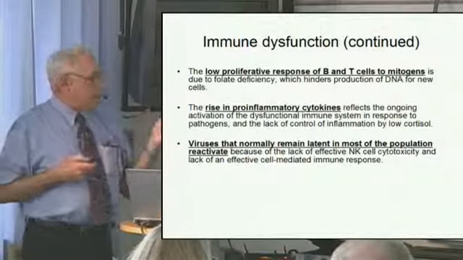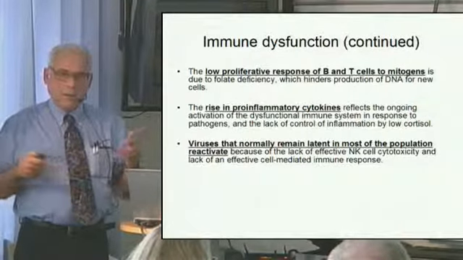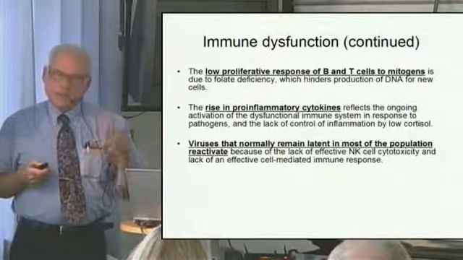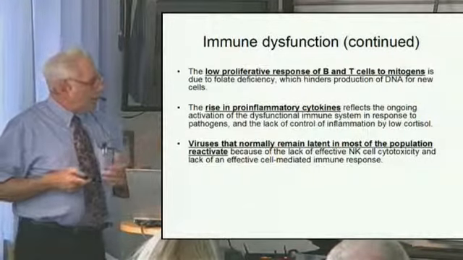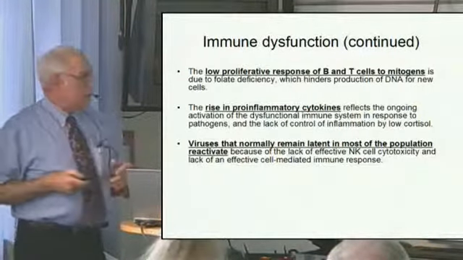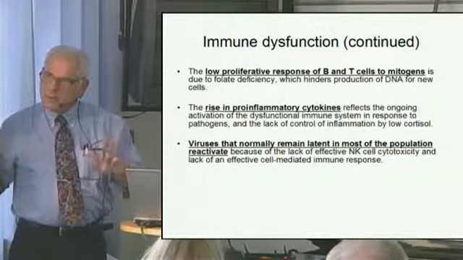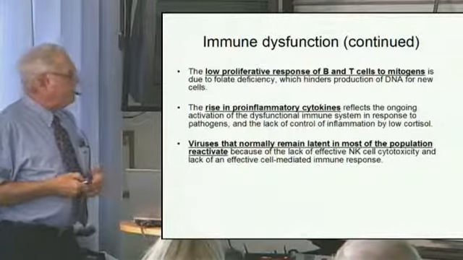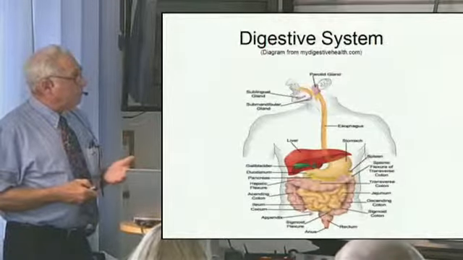But in this situation, because the immune system is dysfunctional, those things reactivate. And you see Epstein-Barr virus, you see the herpes simplex 1, you see the HHV6, you see the cytomegalovirus, you see all these guys that usually are quiet and latent, they're coming up. So the ones we see would be caused by that.